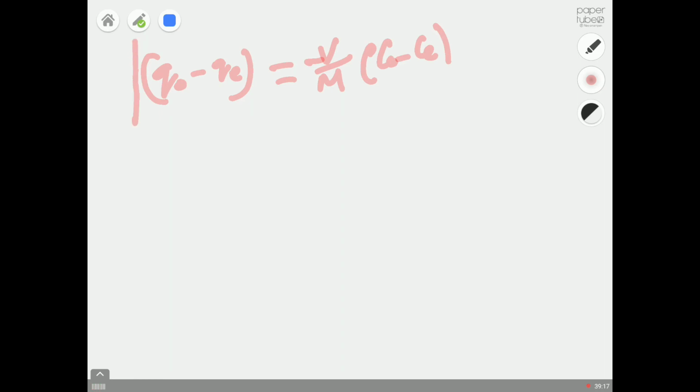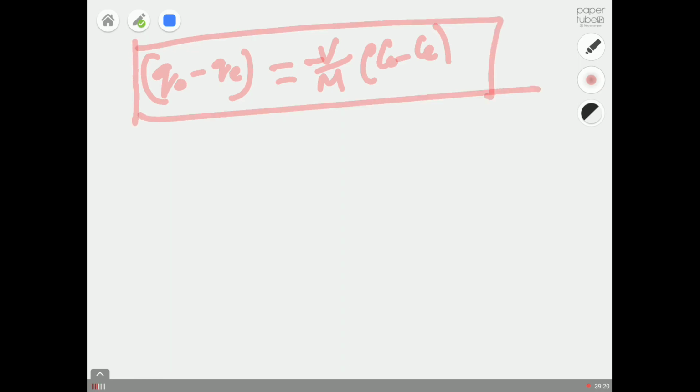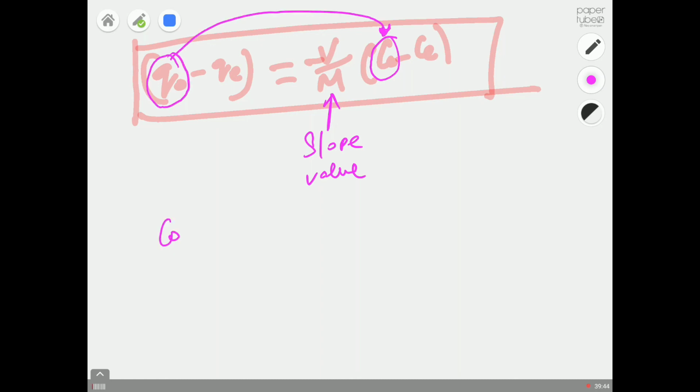So what this type of equation says, let me change, just follow whatever I'm writing now. This is our slope value. Just follow the pink one: C0 comma Q0, and then you identify this point, CE comma QE.